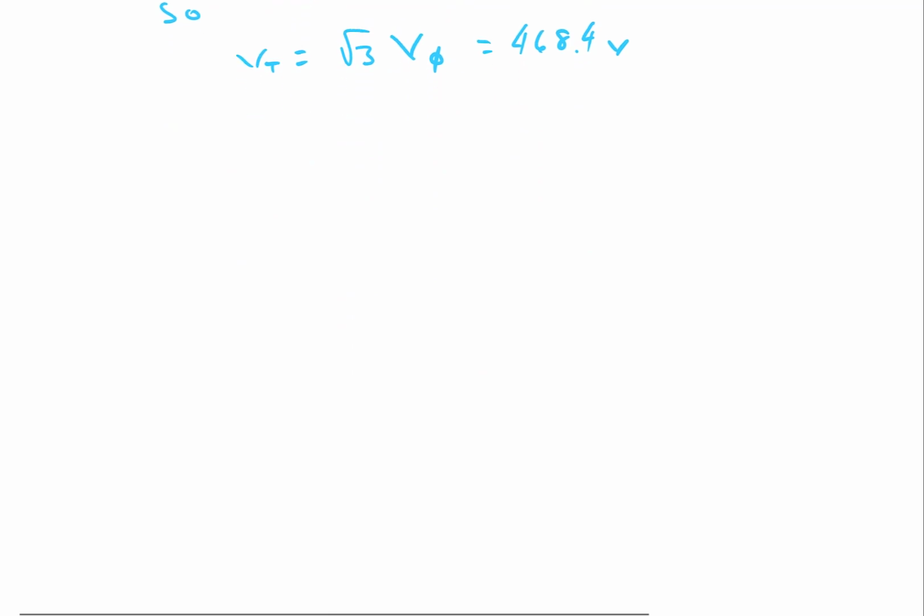Finally, when the generator is at 0.8 power factor leading, we have our phasor diagram. Once again, V phi at an angle of 0. And now IA is going to be somewhere off in this direction.